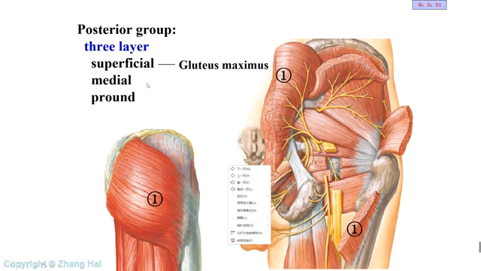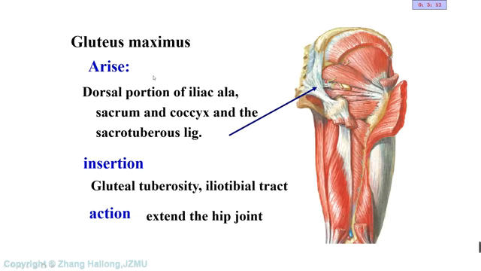There are three layers. First, the Gluteus Maximus is from the dorsal portion of the iliac ala, and the sacrum, and coccyx, and one ligament from the sacrum to the ischial tuberosity, the sacrotuberous ligament.